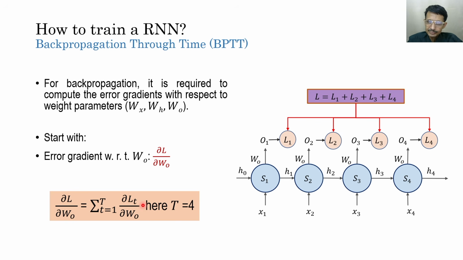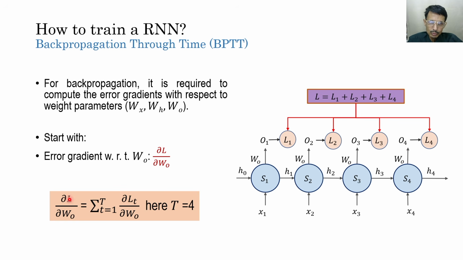This is very straightforward, because there is only one path. It is the summation over t equal to 1 to T of del Lt by del Wo. So this is just a summation of the individual error gradients at the different time steps.